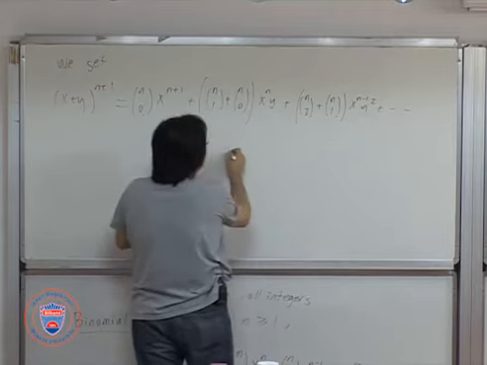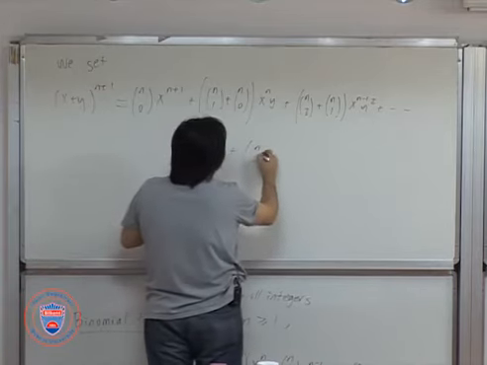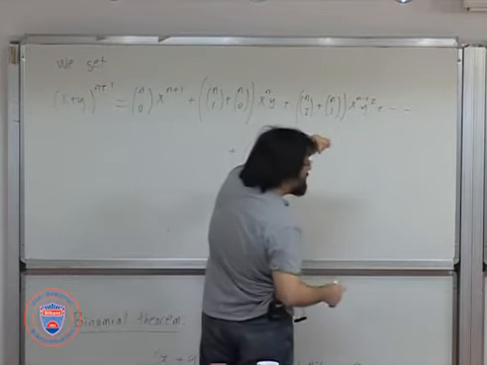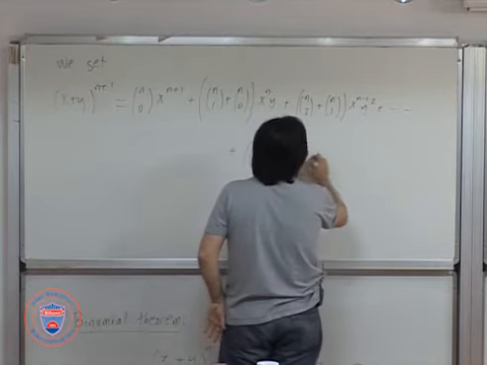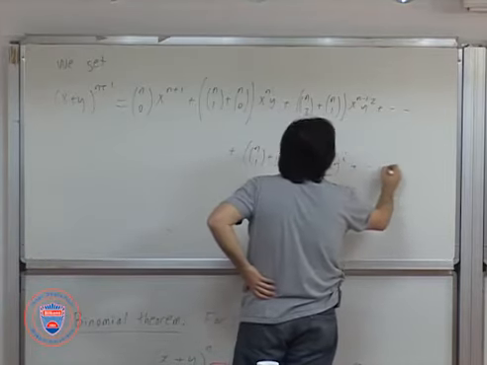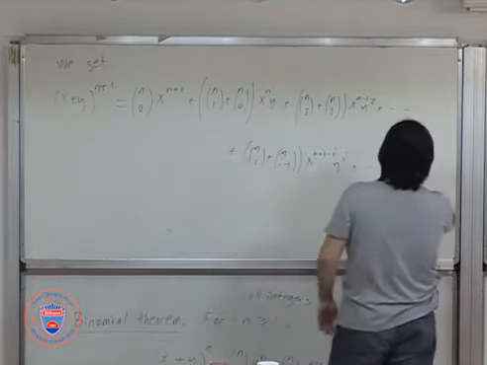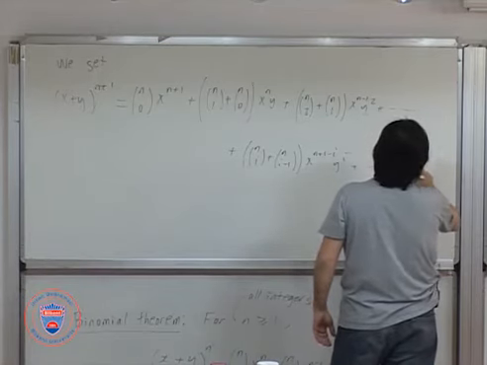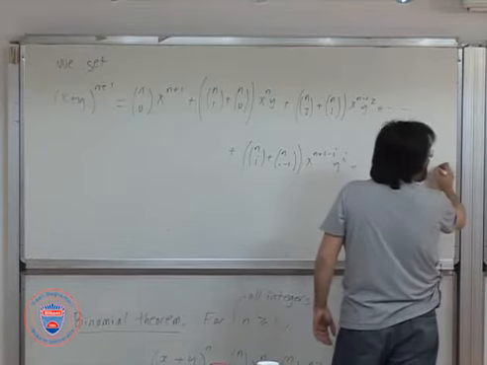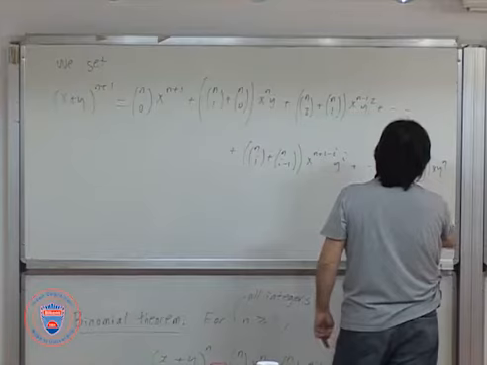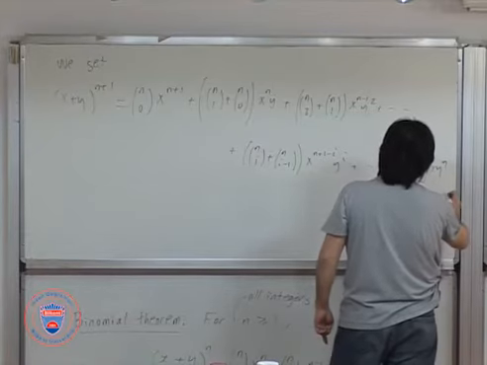So like this, n choose i plus n choose i minus 1 for the coefficient of x to the n plus 1 minus i, y to the i, and so on. So just before the last one, n choose n minus 1, x y to the n, plus n choose n, y to the n plus 1.